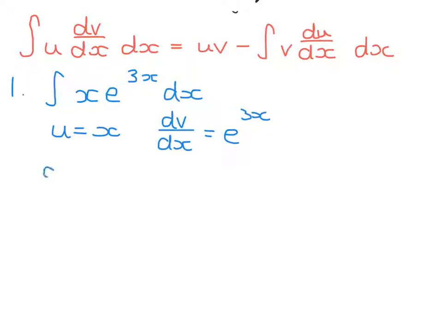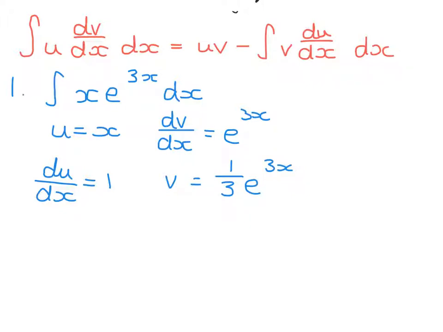From this we know that du by dx equals 1, and then v, the integral of dv by dx, equals 1/3 e to the power of 3x. I would recommend writing out what all four of these values are each time, as it makes it a lot easier to use the formula.